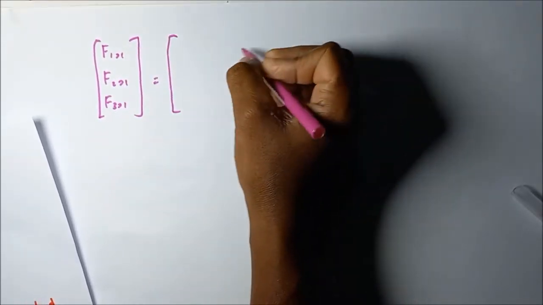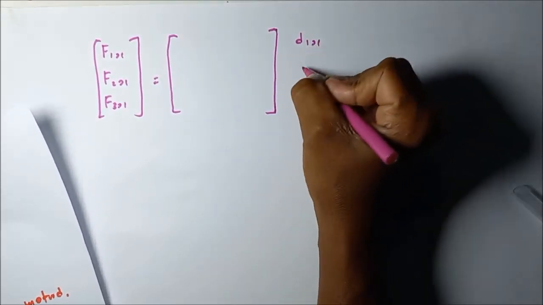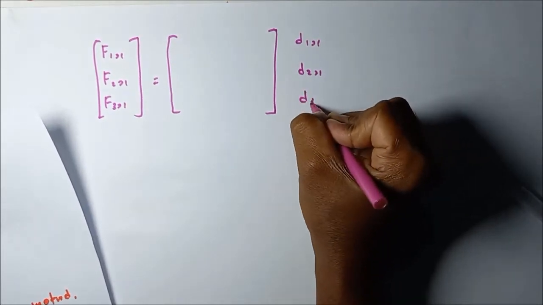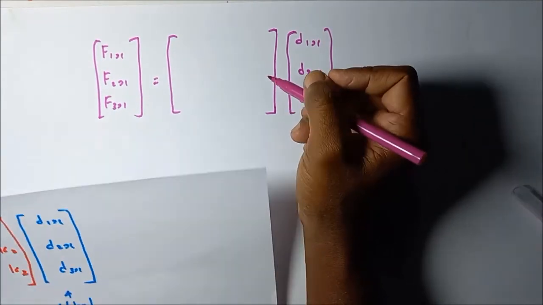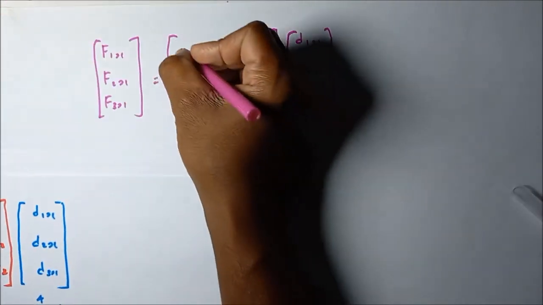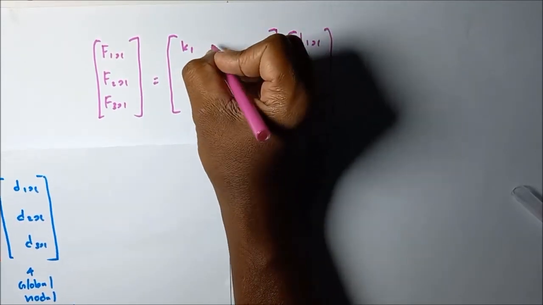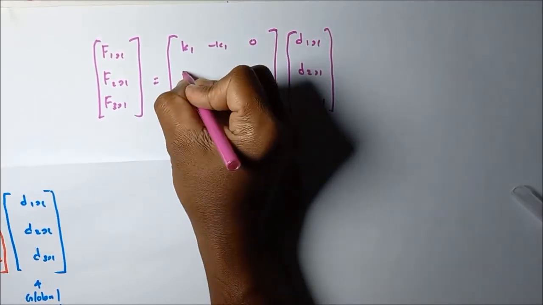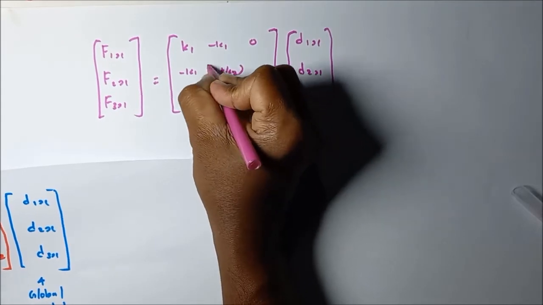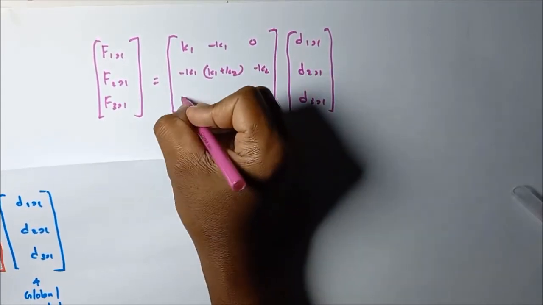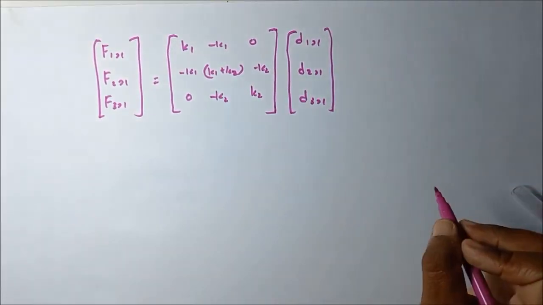Then we relate these forces with the nodal displacements d1x, d2x, d3x using the global stiffness matrix. What is the global stiffness matrix? This is the one you obtain using the simplified direct stiffness method. This is the equation.